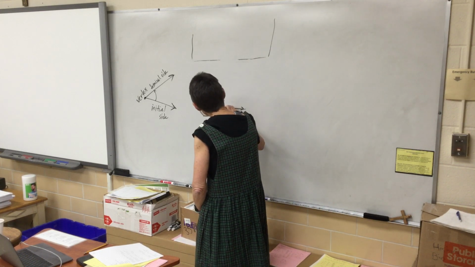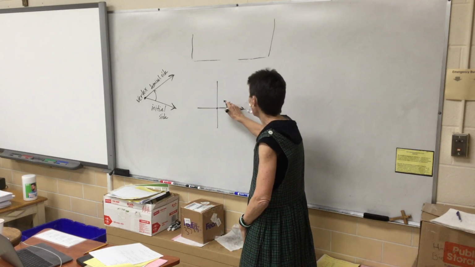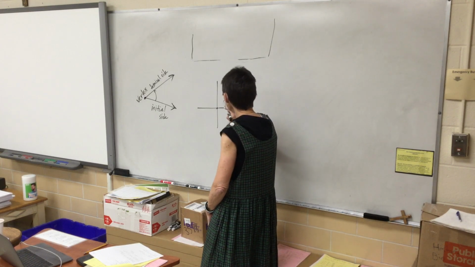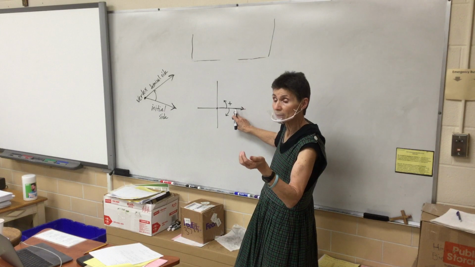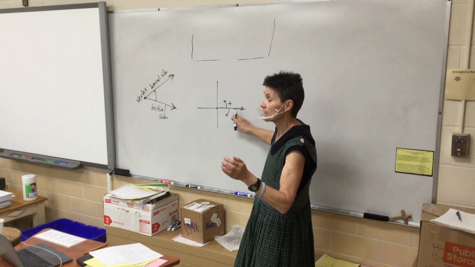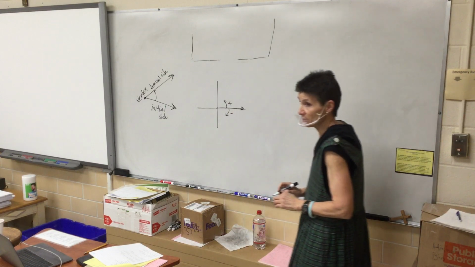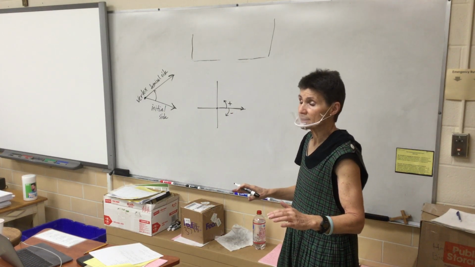If you go counterclockwise, that's a positive angle. If you go clockwise, remember you're starting in the same spot because we're always starting on the positive x-axis. If we go clockwise, that's a negative angle. So we're going to draw all of our angles in standard position.